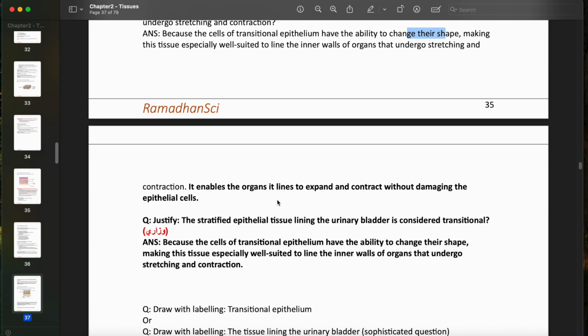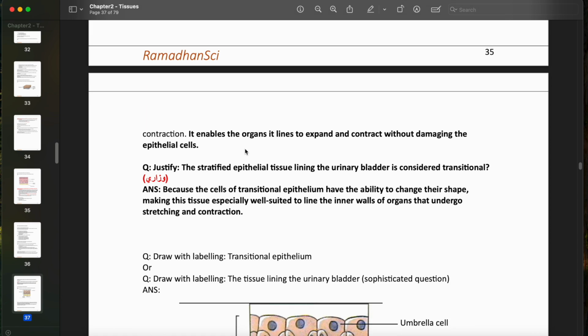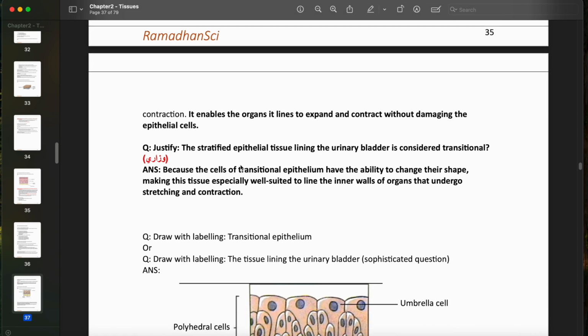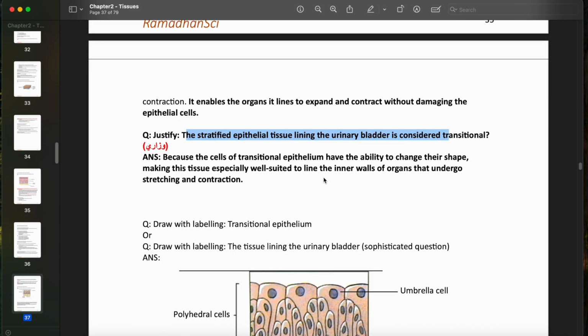It enables the organs it lines to expand and contract without damaging the epithelial cells. Justify the stratified epithelial tissue lining the urinary bladder is considered transitional. Same thing, they have the ability to change their shape. It's well suited to the inner walls of the organs that undergo stretching and contraction.